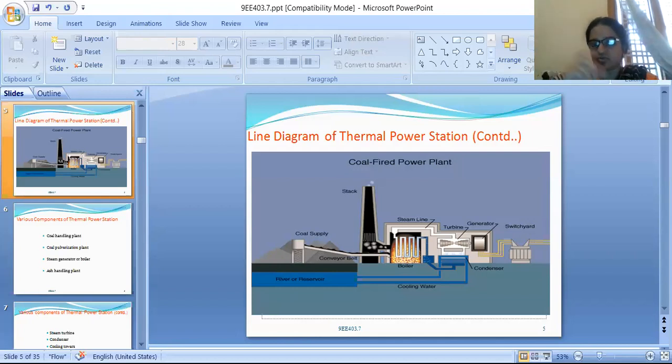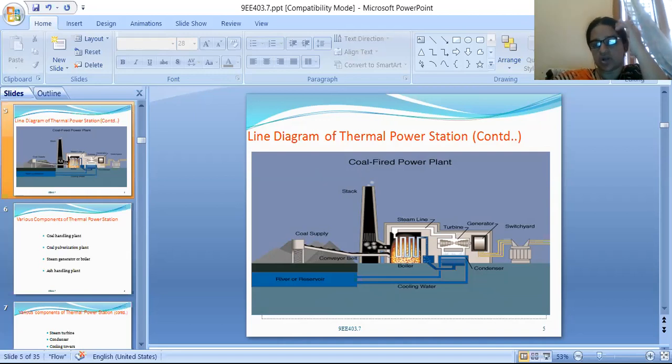It will decrease the temperature of this exhaust steam, and the steam will convert into water. This water will not require any water treatment. As this is pure water, it can directly be given to the boiler.